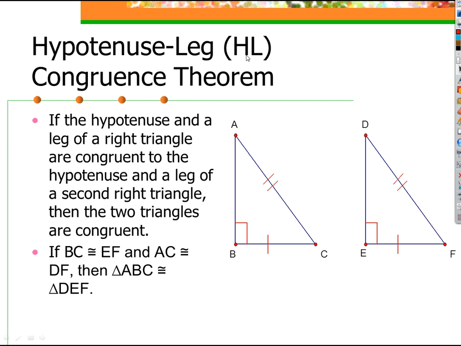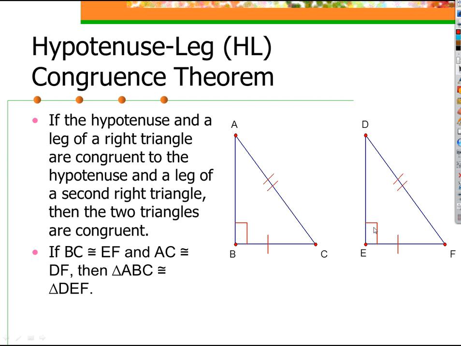The HL congruence theorem just says that if the hypotenuse and a leg of one right triangle are congruent to the hypotenuse and a leg of another right triangle, then guaranteed those triangles are congruent, right? And it's a shortcut, but it's kind of a disguised shortcut, because what do we actually know about these right angles also?